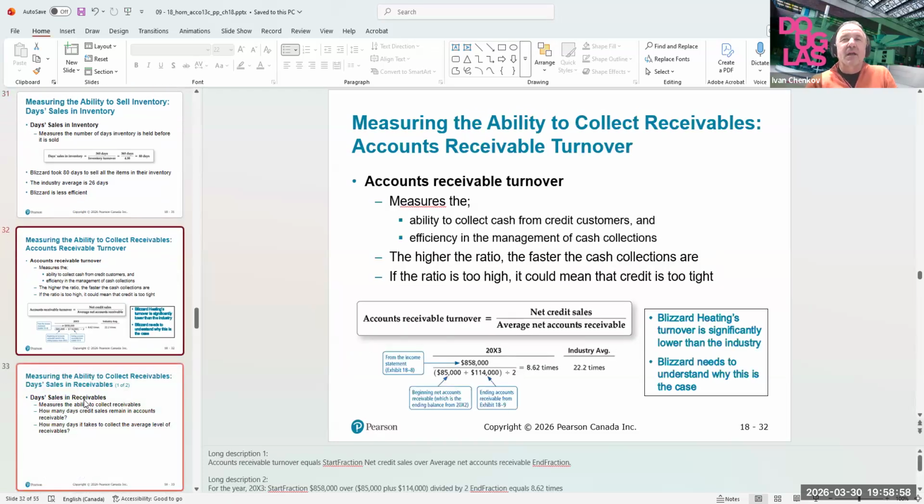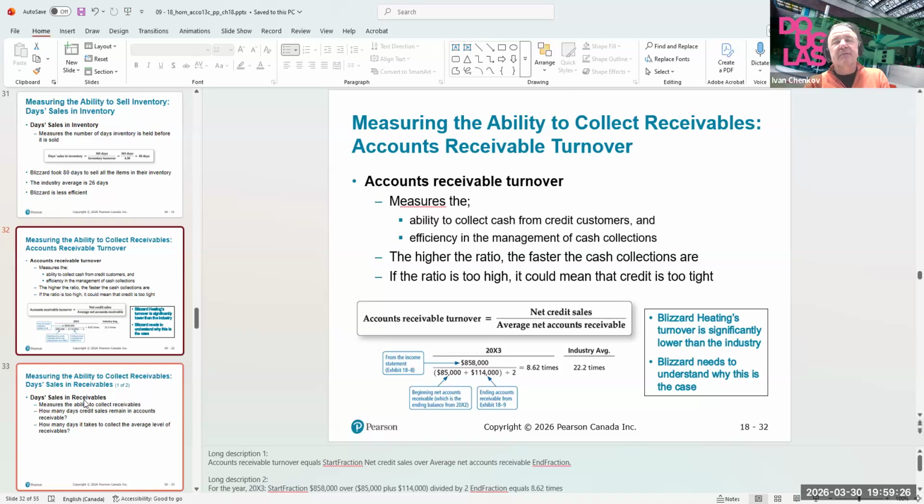So now let's go with account collections. That's another thing that I want you to understand: accounts receivable turnover. Again, it's just a number. How many times are you collecting your credit sales? Where do you want this number, high or low?